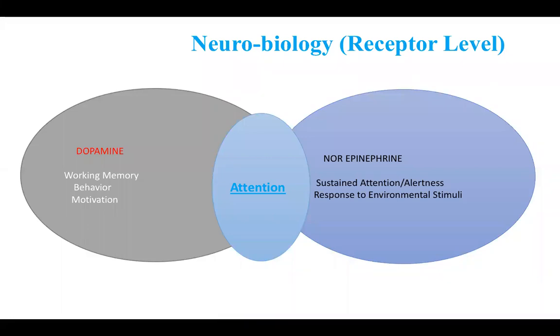Whenever there is some imbalance in the body because of this, then attention problems or ADHD-like symptoms can occur. So why is dopamine necessary? Dopamine is necessary for the working memory, the behavior, and motivation. Working memory is something like, when you are reading something, my attention keeps fluctuating.